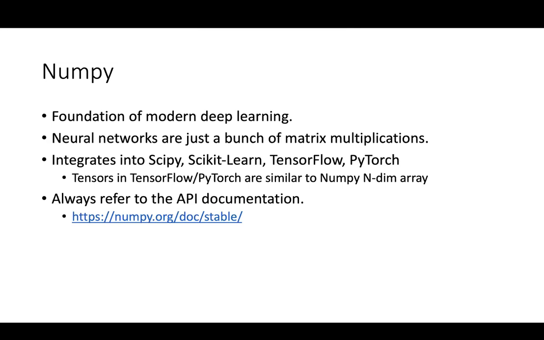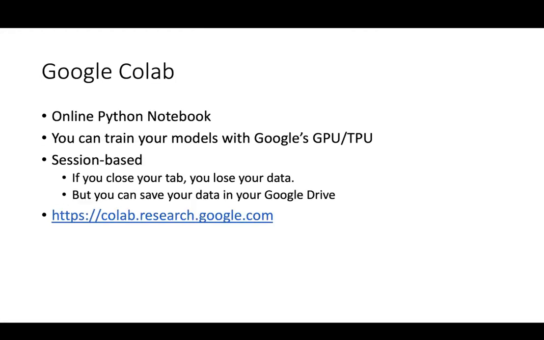And PyTorch and TensorFlow have their own matrix-like or n-dimensional array data structure that runs on GPU and VRAM. They are quite interchangeable, and their syntaxes are pretty similar. There are certain differences, but they're pretty much similar. And if you have any question, always refer to this API document. You can click them and then see it for yourself.